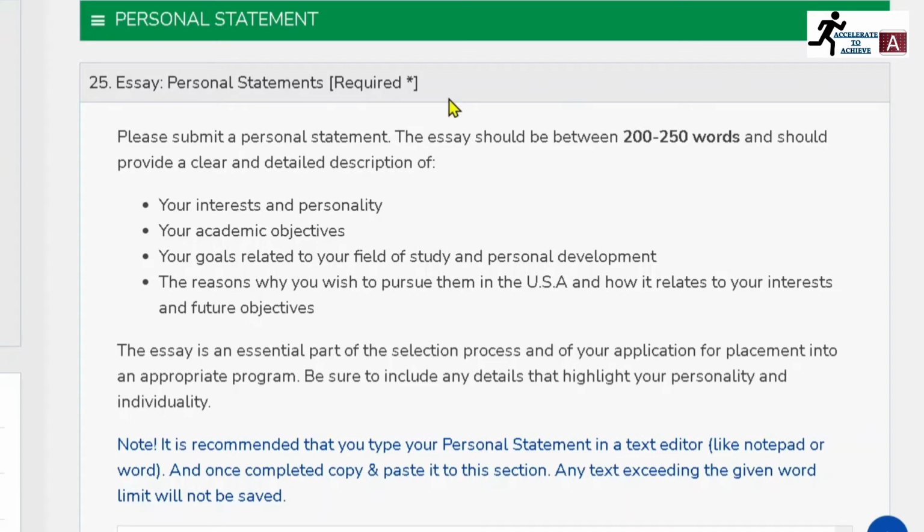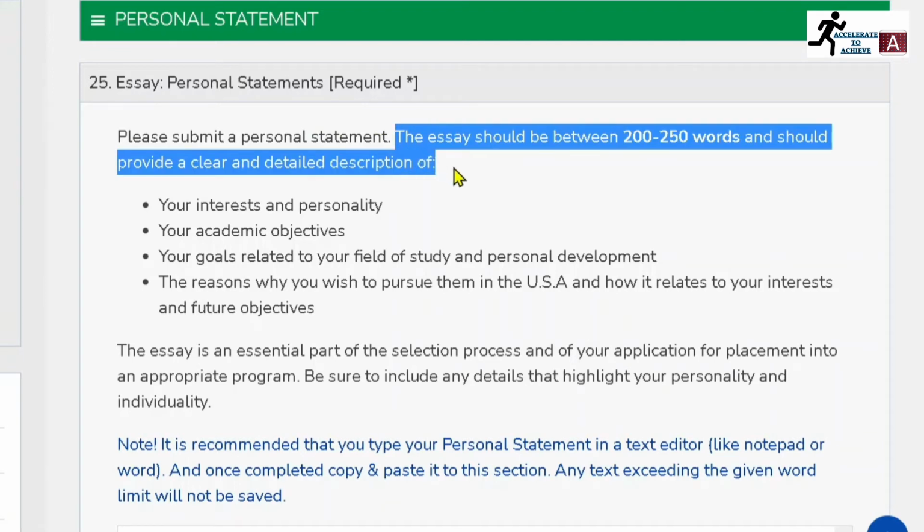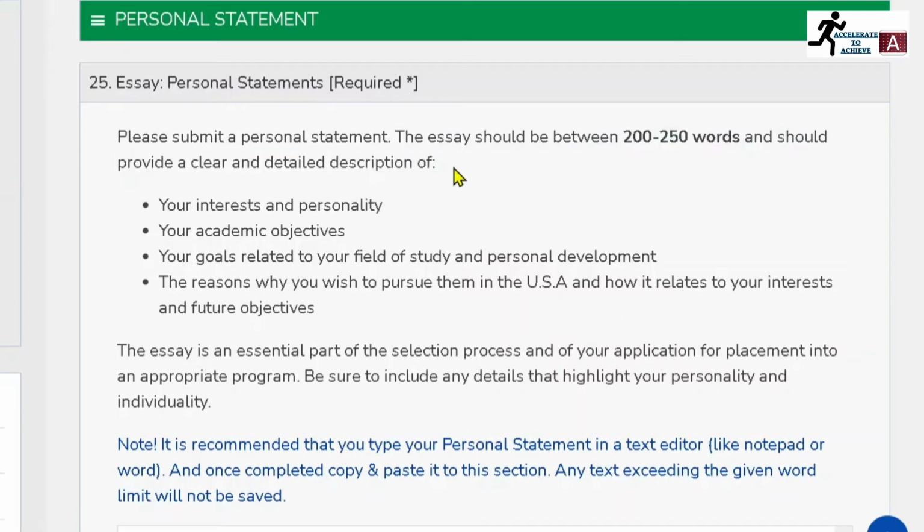Now it is written that please submit a personal statement. The essay should be between 200 to 250 words and should provide a clear and detailed description of it. Now they are asking for 200 to 250 words. I would suggest please be specific and write the words as mentioned here.